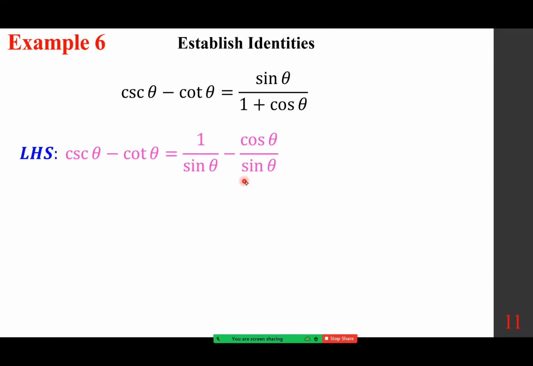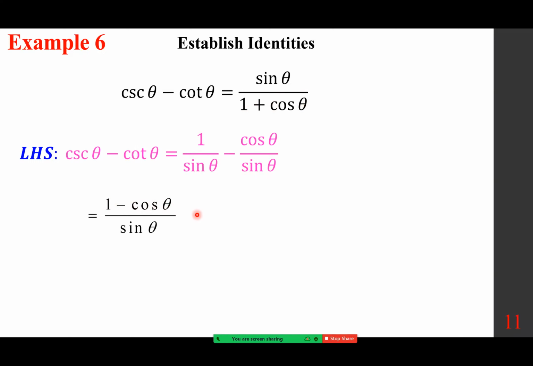And if we want to establish the right side, we notice the denominator is 1 plus cosine theta, and the conjugate of 1 minus cosine theta is 1 plus cosine theta.